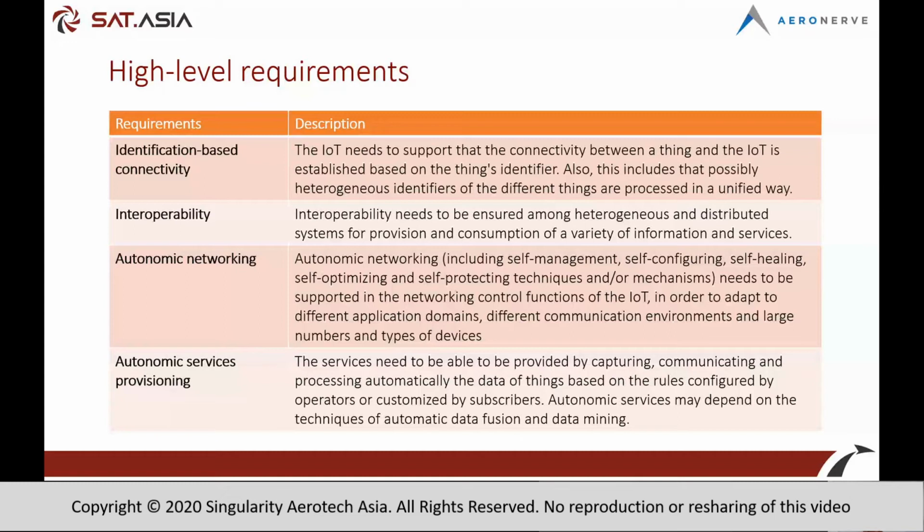I take the same example as the tracker just now, the position tracker. The service that the tracker gives is the exact, real-time location of the object or item that you tag. It can be people, it can be assets. That is the service, and that information is automatically given to you in real-time access.